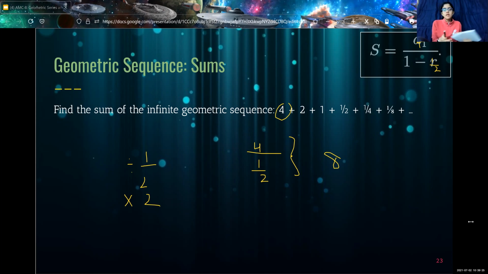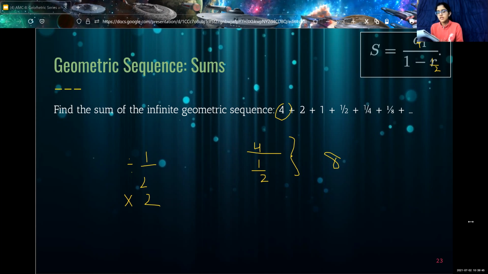Remember, if you're finding the sum of an infinite geometric sequence, the ratio is positive, then that means the sum is going to be greater than the greatest number, or it's going to be less than the least number if it's negative.